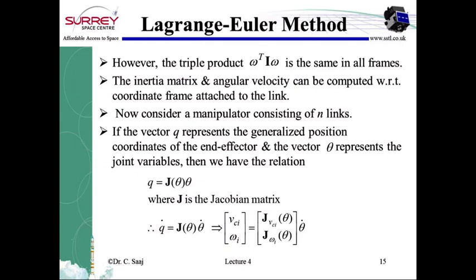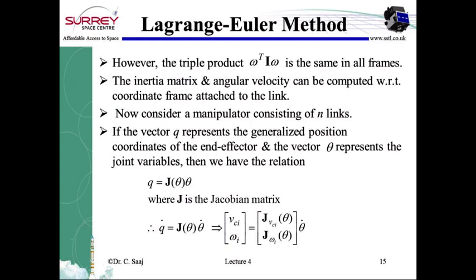So we can write q as J theta, where J is a Jacobian matrix which itself is a function of the joint angles. That's the reason I write J as J of theta. Of course, you don't have to write J of theta because it's implicit that Jacobian J is a function of the different joint angles.